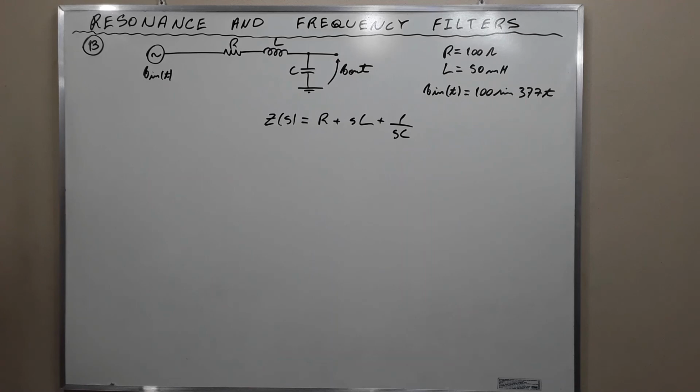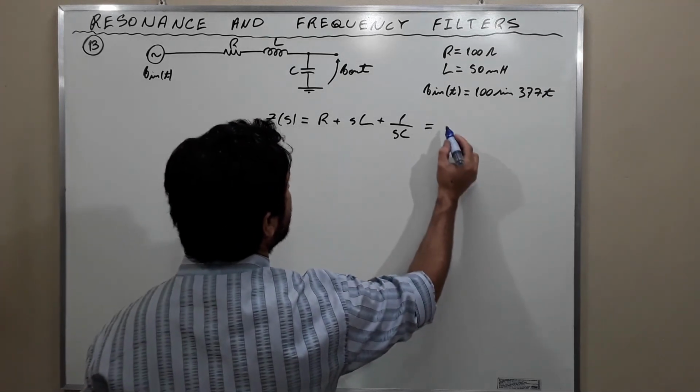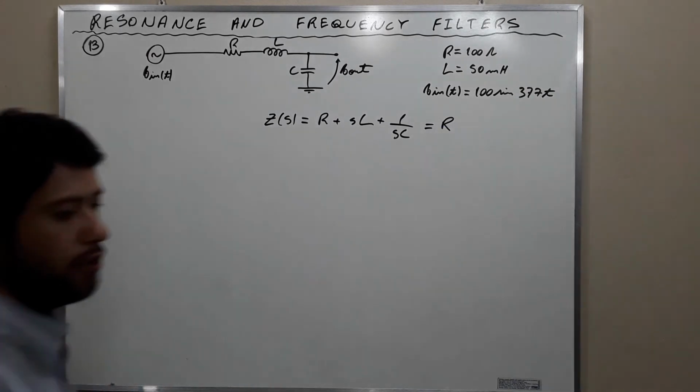Okay? This is the equivalent impedance. And we wish the power factor to be equal to 1. When will it happen? It will happen only when the equivalent impedance is purely resistive.